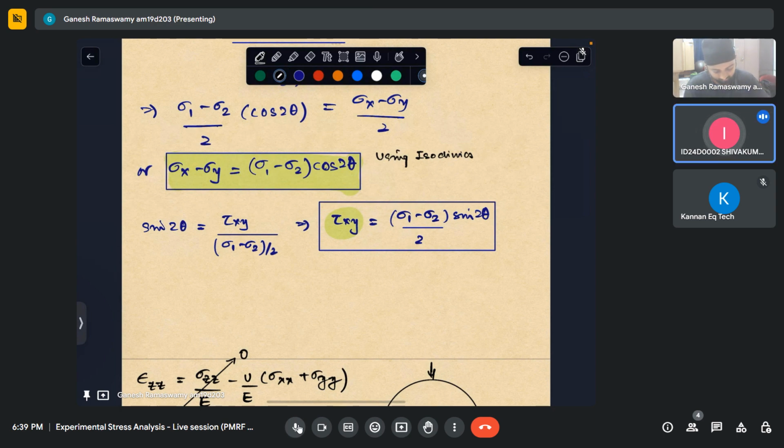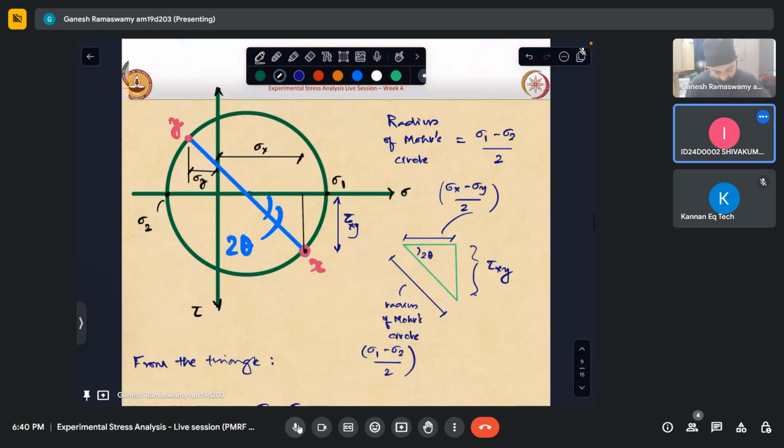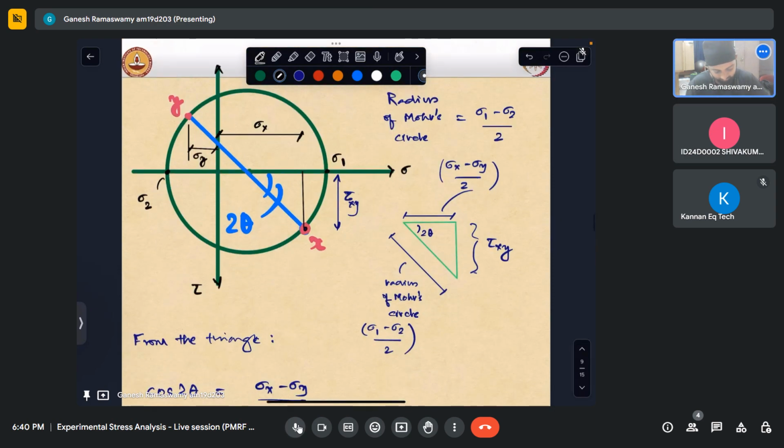So 2 theta we know, sigma 1 minus sigma 2 we know. So from here, sigma x minus sigma y we know.